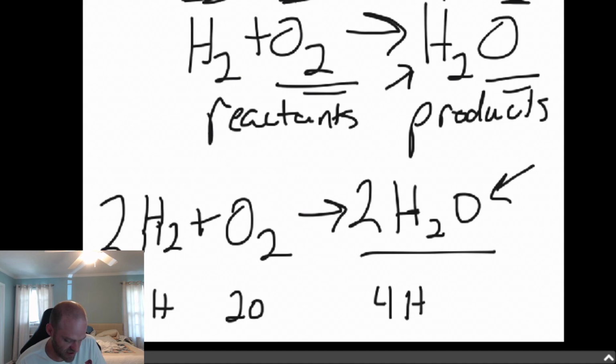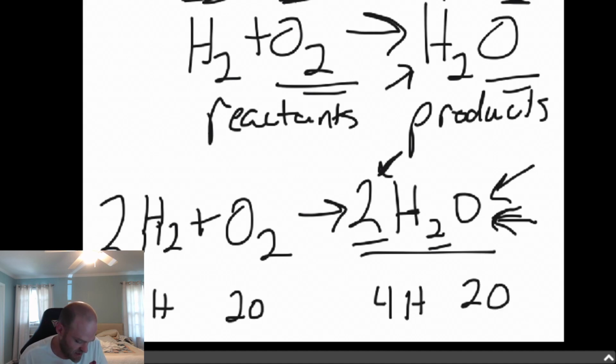Yep, 4 H's there, 2 times 2. It's 2 hydrogen molecules, 4 hydrogens, and then 2 waters right here, 2 from the coefficient, and then 2 oxygens on this side. Let me roll in the book and we'll do one a little more difficult when we come to it.